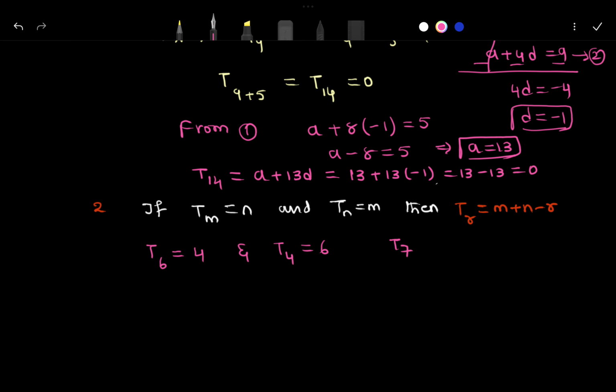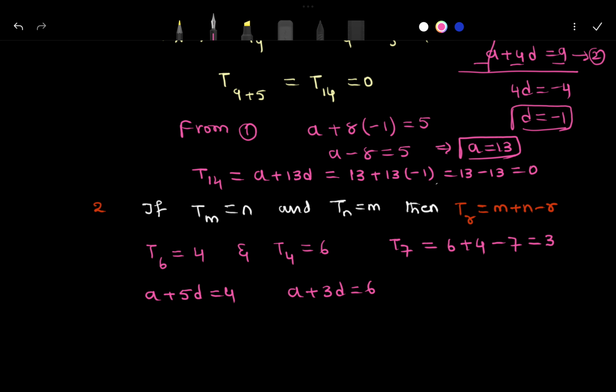Now you can verify whether this is satisfied or not. The sixth term of the AP is A plus 5D, which equals 4. And the fourth term of the AP is A plus 3D, which equals 6. Let these be equation 1 and equation 2.